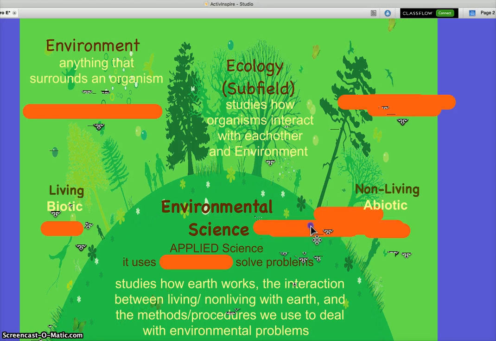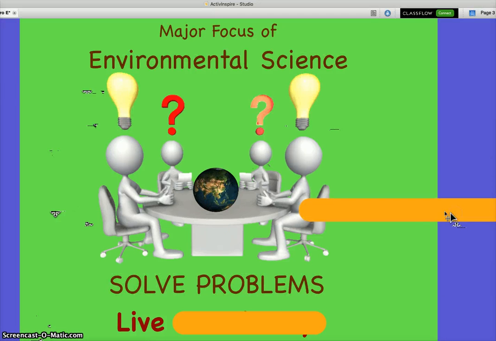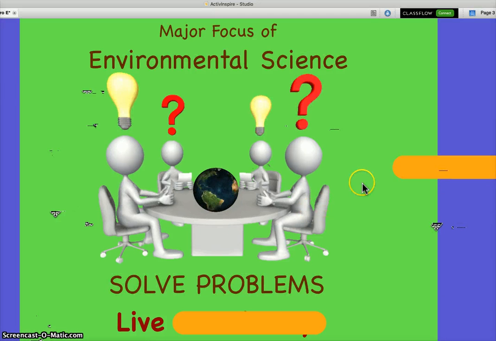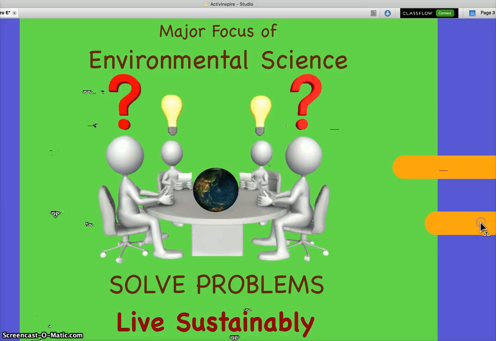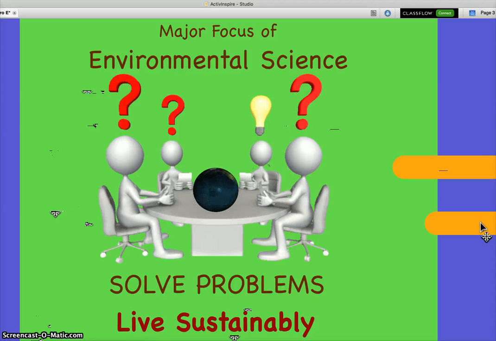And in order to do that, we're going to look at every science: chemistry, physics, biology, ecology. The major focus of environmental science is to solve problems. And then we want to live in a way that we know future generations will have an Earth just like ours that they can live in and have the resources they need to survive.